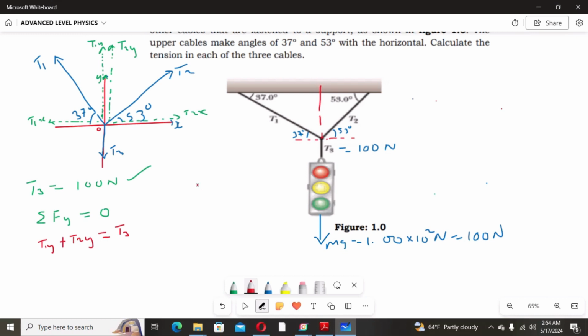Now what is T2y? Using a basic trick, just a recap: this vector here has a component in the y direction, like this. If this here is the angle, that is 53, then this is our hypotenuse T2, then this is our T2y, then this is our T2x.